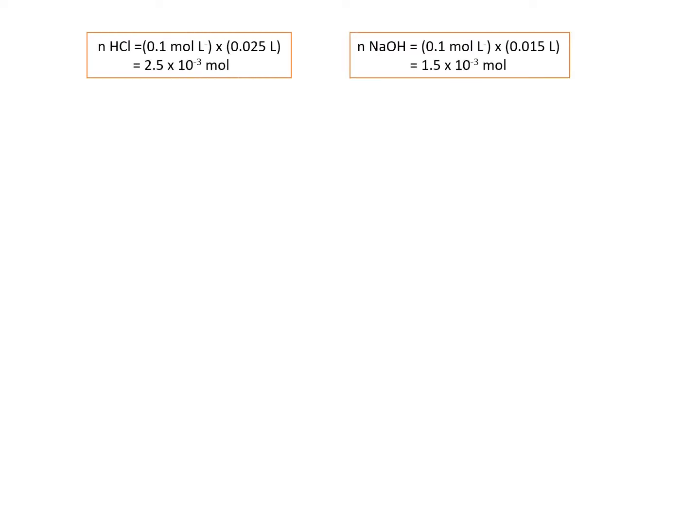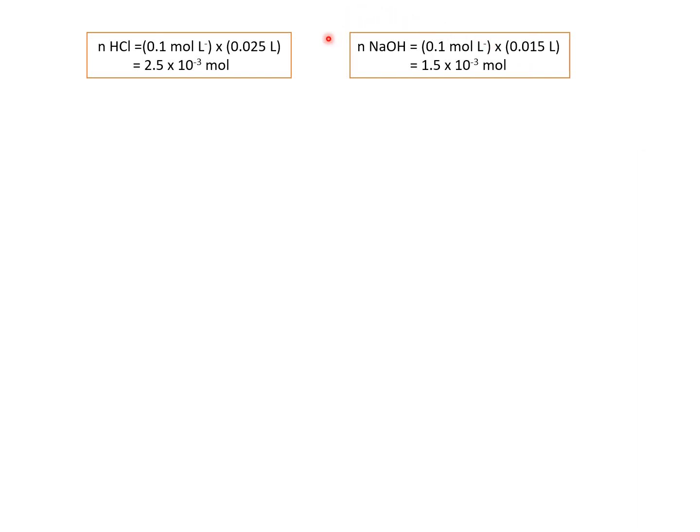Okay, so apa yang berlaku tadi, dekat dalam awak punya conical flask, kita ada 25 ml of 0.1 molar HCl. So kita kira, okay, number of mole of HCl first. Okay, kemudian once we have calculated the number of mole of HCl, awak kira pula berapa number of mole of sodium hydroxide.